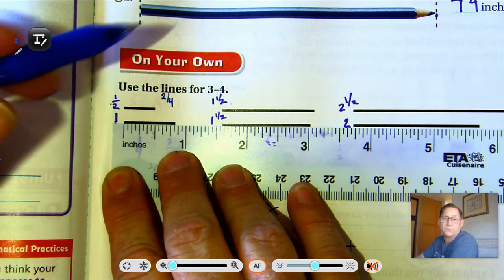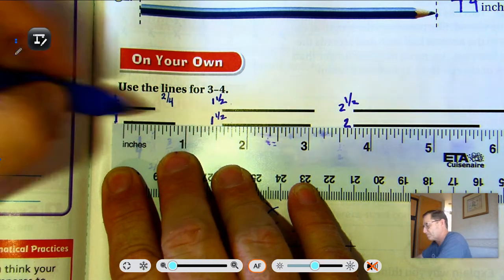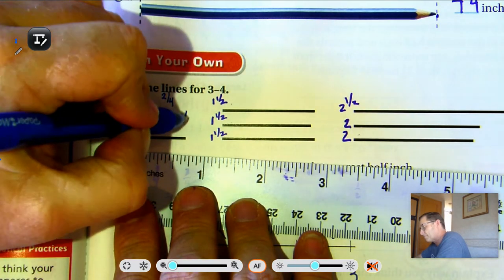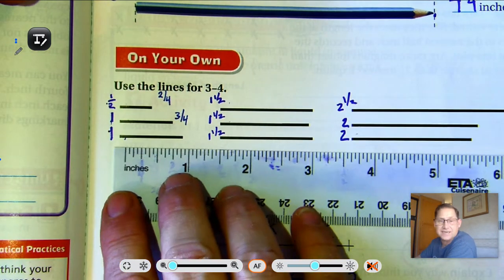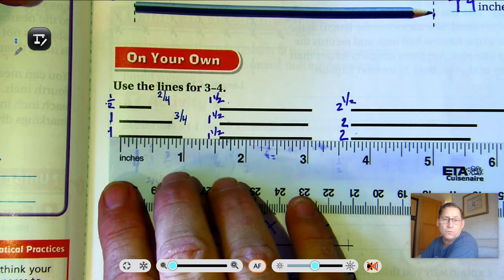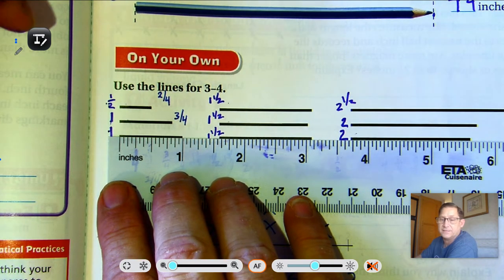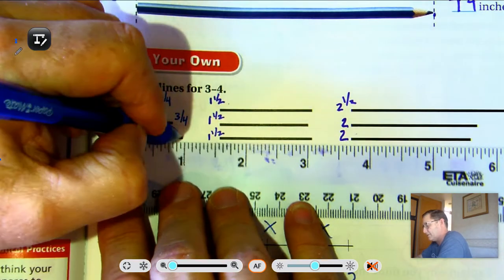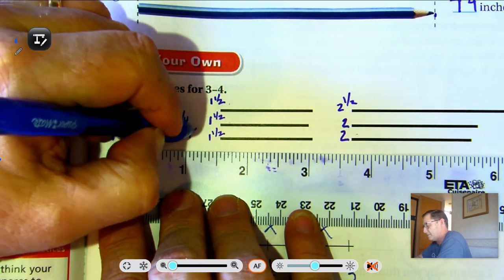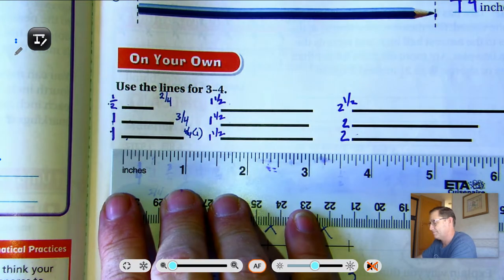And it's closest to 3/4. Okay, and the next line's a little longer. It might be 1 inch. Yeah, it is. It's 1 inch, or we could say 4/4 or 1.